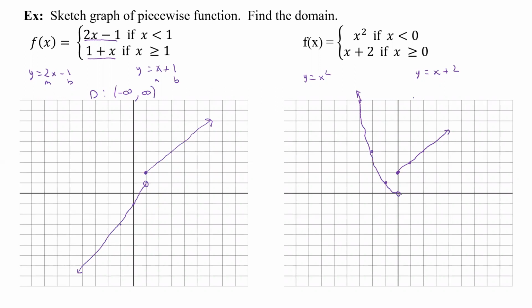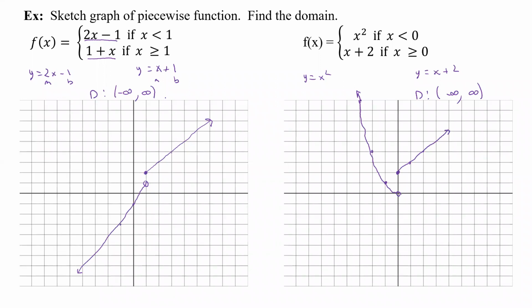And so here, our domain is going to go from negative infinity. Now remember, we have that point here included, so it's going to go all the way up to positive infinity. Now, if it had asked to find the range, that's going to be something different on this one, because here our range is going to go from negative infinity up to that point here.